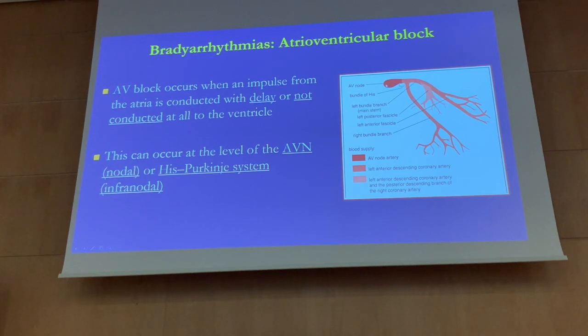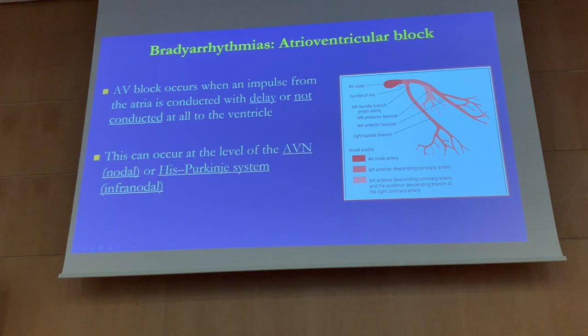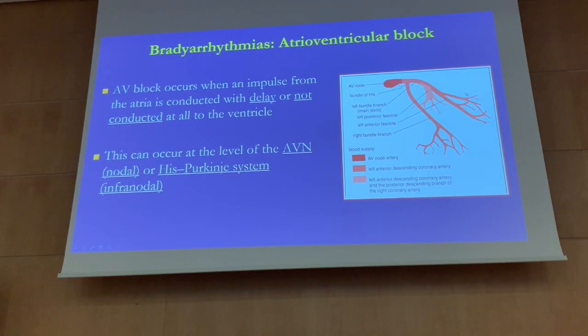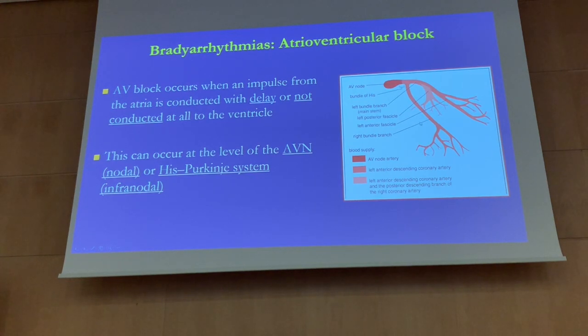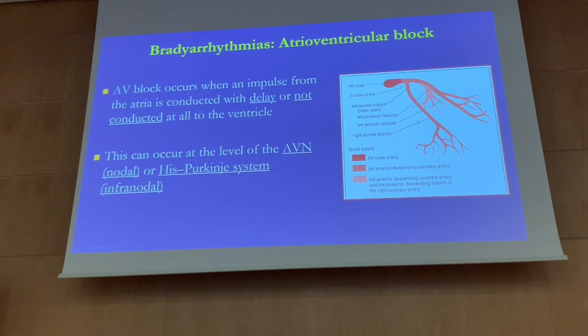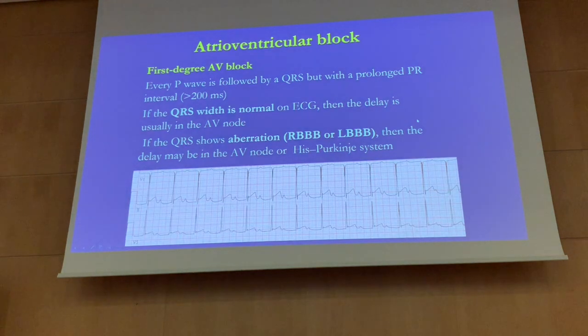So the arrhythmia can be at the level of the AV node or at the level of the bundle, either right or left. Simply, diseases here, diseases in the left bundle, diseases in the right bundle. Clear? So we'll go through this.